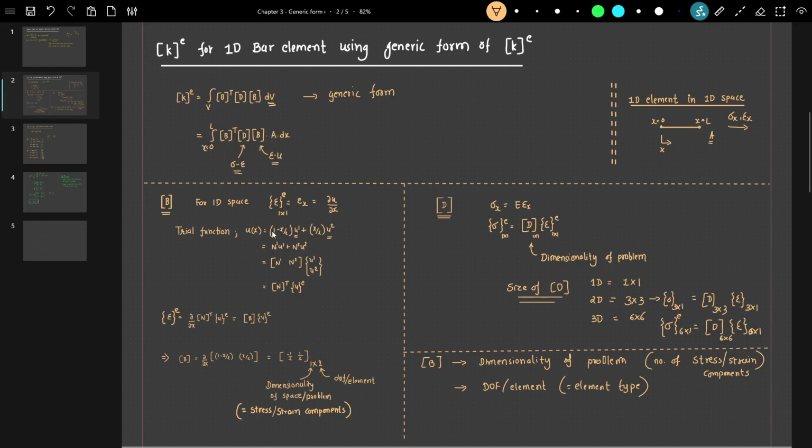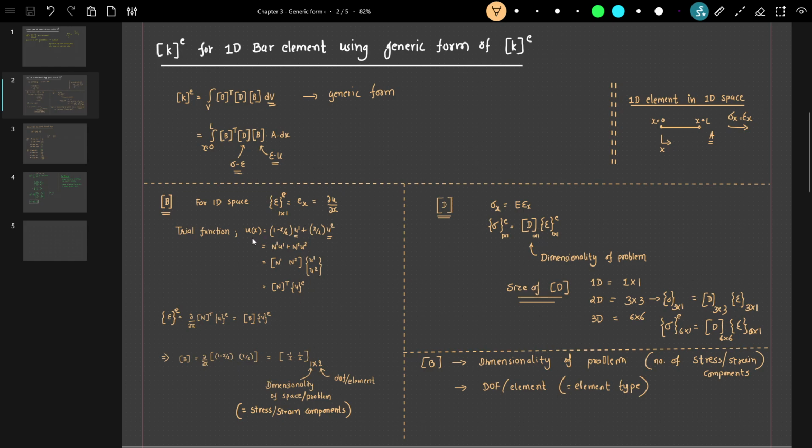And elsewhere we just interpolate the solution using shape functions 1 minus x by L and x by L. So this is N1 and this is N2. So N1 u1 plus N2 u2. In matrix form, we can write it as N transpose and u e, the displacement vector for the element.